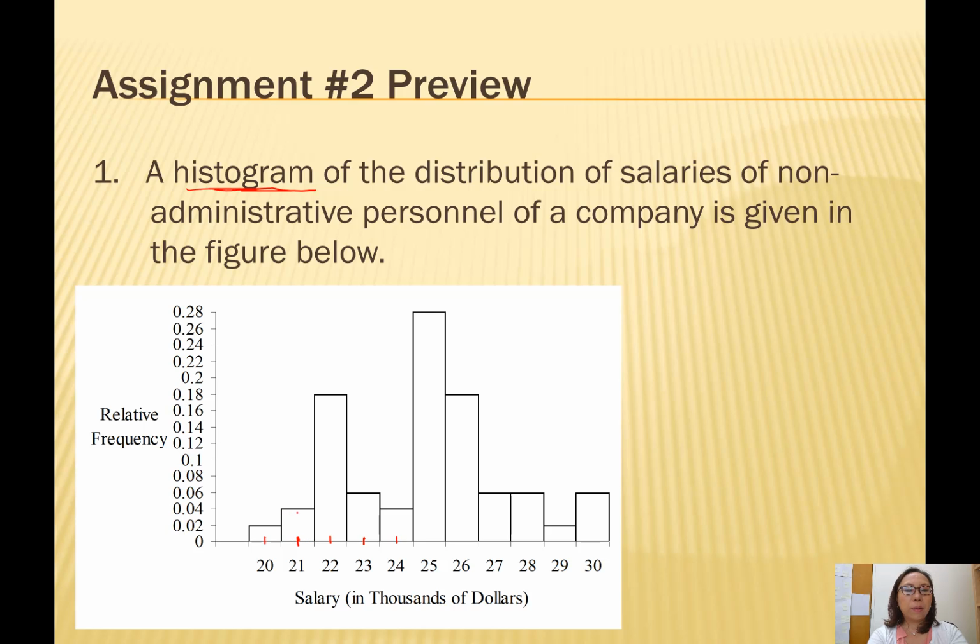So to think about the salary bracket of this particular bar, we're talking about halfway below this, which would be 20,500 to 21,500. Okay. So that's how we want to read the graph.